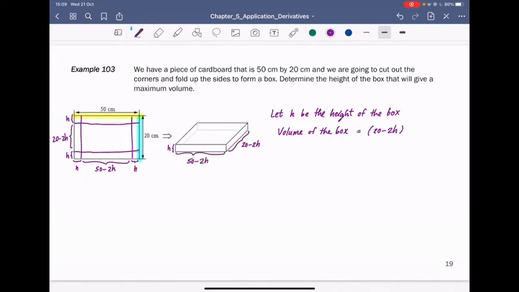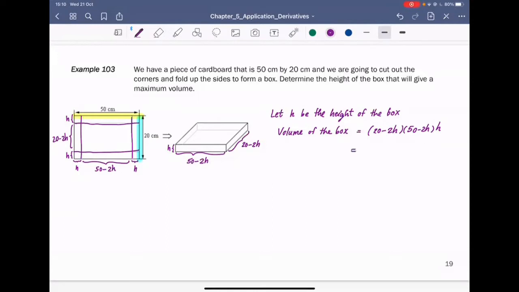You can imagine that you fold the box up and that will be your width and length. So the volume of the box is 20 minus 2h times 50 minus 2h, and then times h.